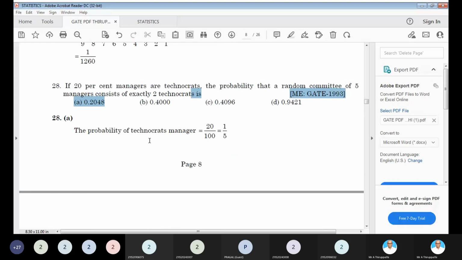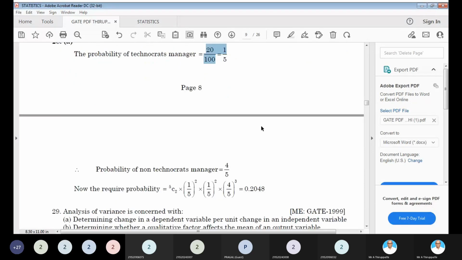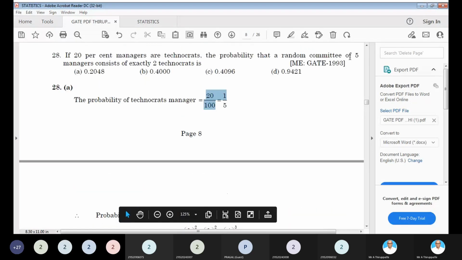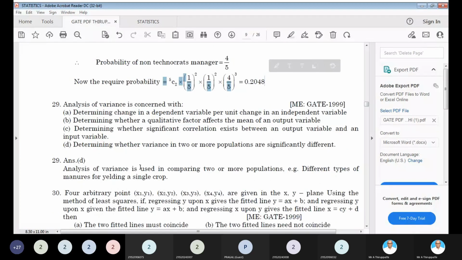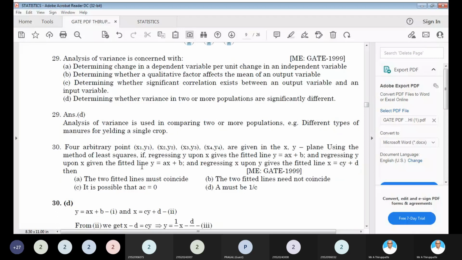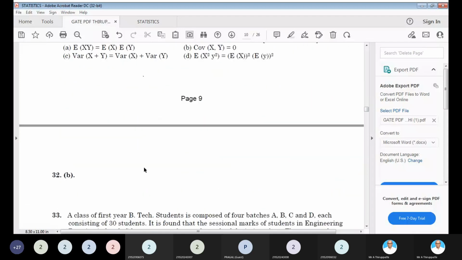Probability of success is equal to 20 by 100, after simplification, 1 by 5. Q is equal to 1 minus 1 by 5, 4 by 5. Exactly 2, so P of x equal to 2 is 5C2, p power 2 into q power n minus 2. This is a combination.